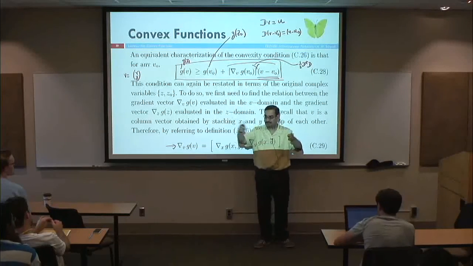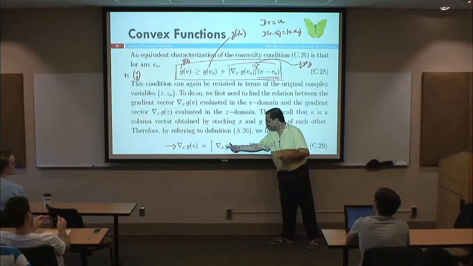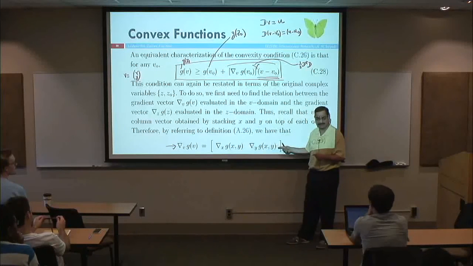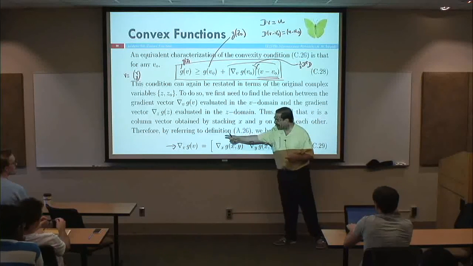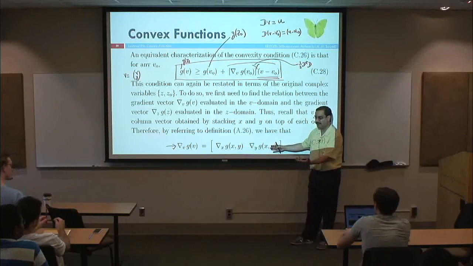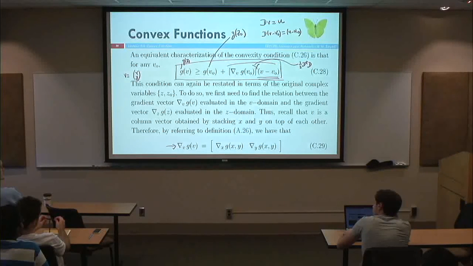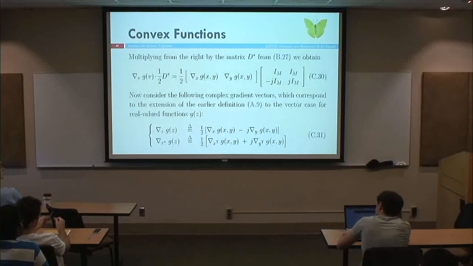It is the vector of partial derivatives. It will contain the partial derivatives relative to the x's, the partial derivatives relative to the y's. So the gradient relative to V contains the gradient relative to x, the gradient relative to y. Fine? So now multiply this by D star.